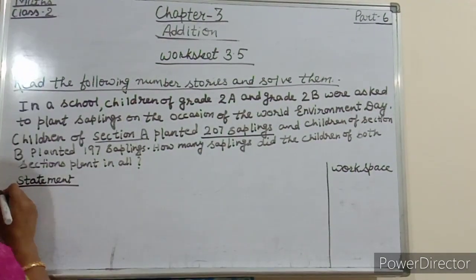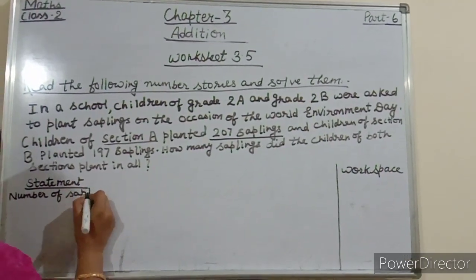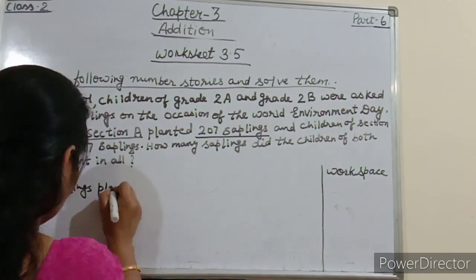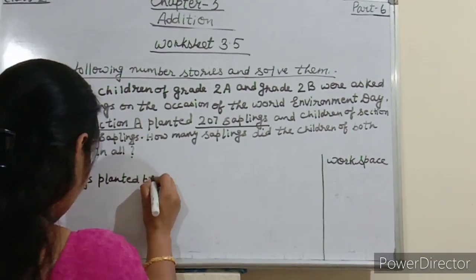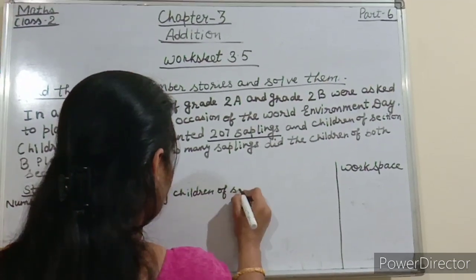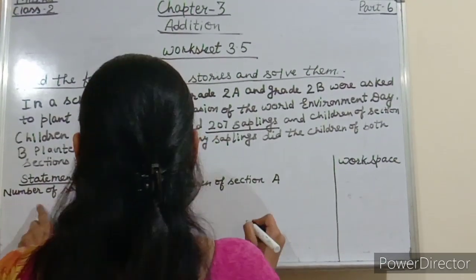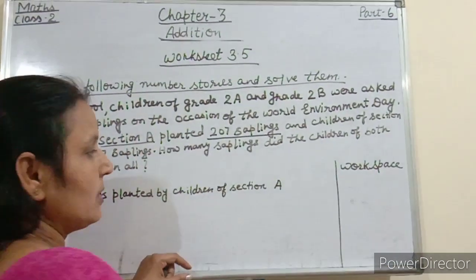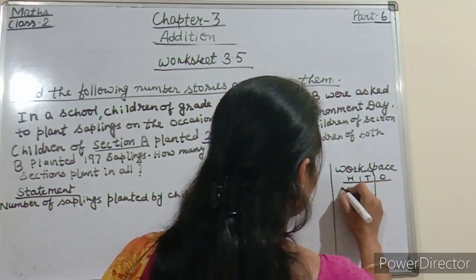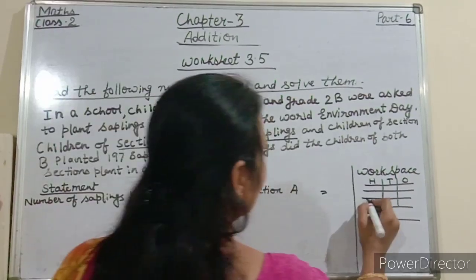Yes, number of saplings planted by children of section A is equal to 207.